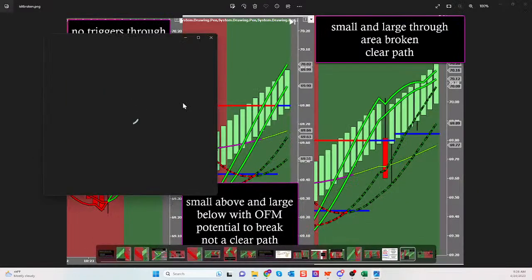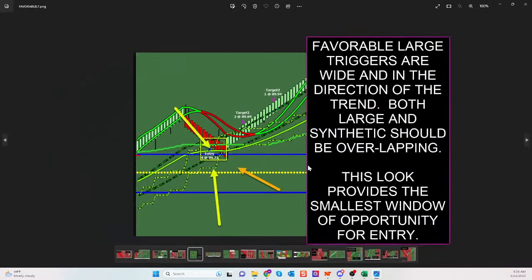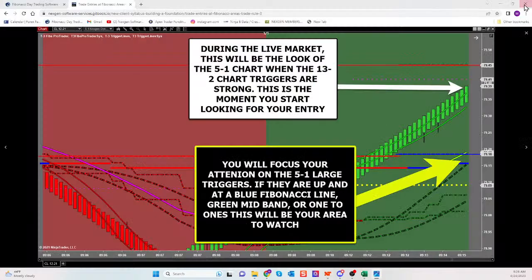And when they are, we call this favorable large triggers, meaning that they're overlapped, that they're strong in the direction of the trend. And it's this tight look where they're one on top of the other that's going to make it easy for you to create a window of opportunity that really minimizes, pinpoints, narrows where that market is likely to continue.